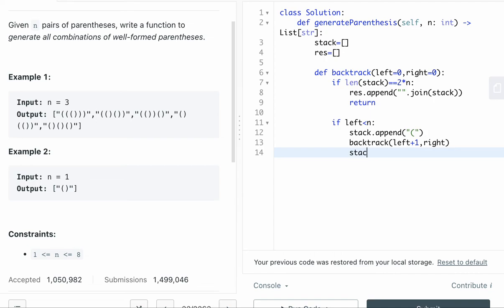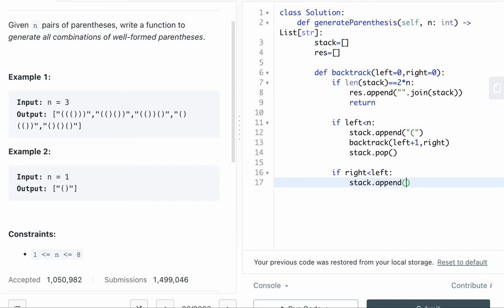That's why a stack is so easy to use here, because you can just pop the left parenthesis that you just added, and then you get a different combination. The next one is if the right parenthesis count is less than the left parenthesis count. If you have more left parentheses, then I'm going to add the right parenthesis as one of the possibilities.